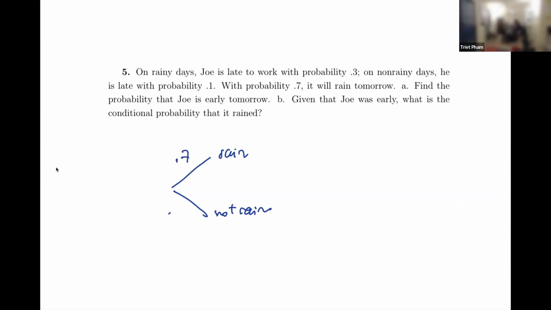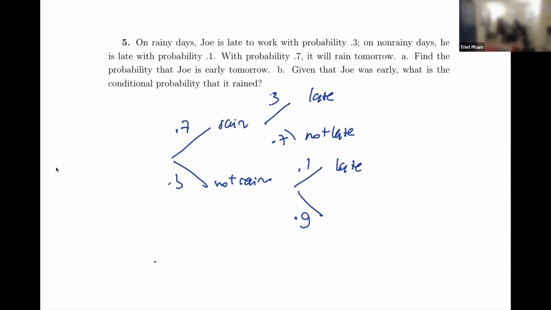So 0.7, 0.3, and then rainy day. So late, not late. That's 0.3, 0.7, and then 0.1, 0.9. So I guess not late is early.